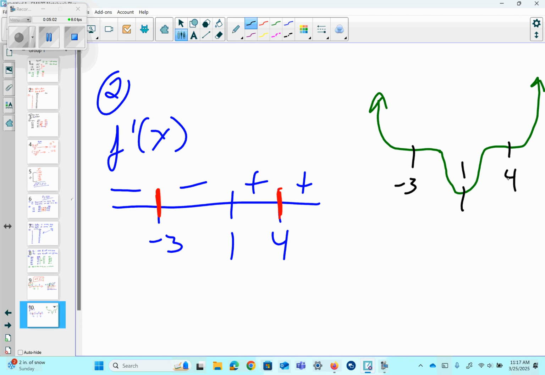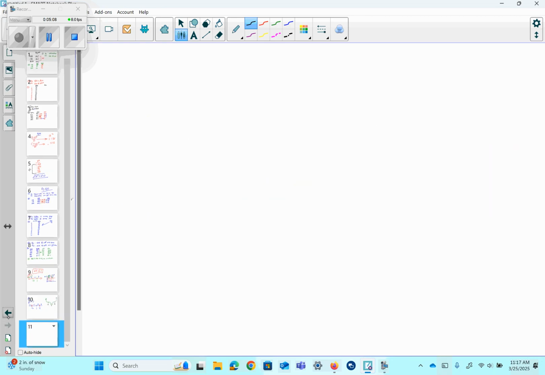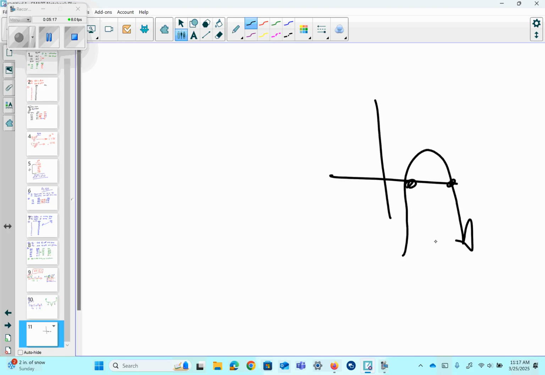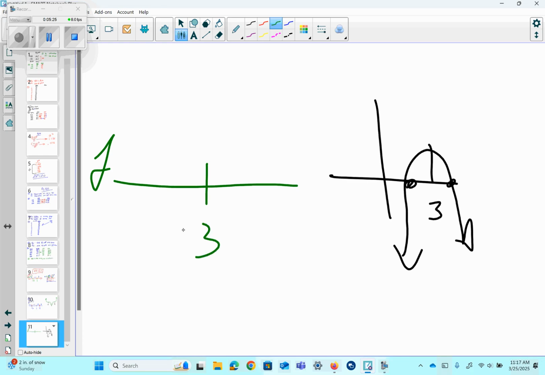And then number 3, they want us to make the F prime chart. Oh, that's going to be an easy F prime chart. So you're just basing it off of this parabola. So at 3, so our F prime chart for this, we're just going to put 3 right here.